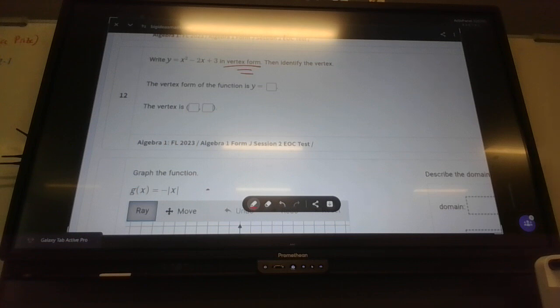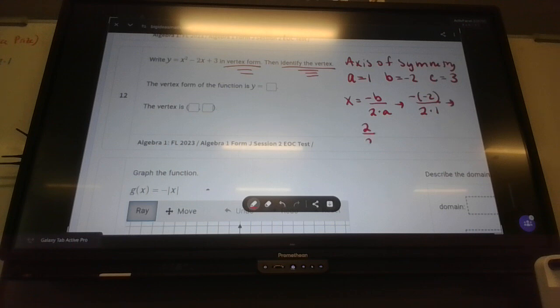All right, so identify vertex. So we need the axis of symmetry. And in this problem, we have A is 1, B is -2, C is 3. Axis of symmetry is -b over 2 times A. So that's 2 over 2, which is 1. The axis of symmetry is 1. So I know my first value is a 1.